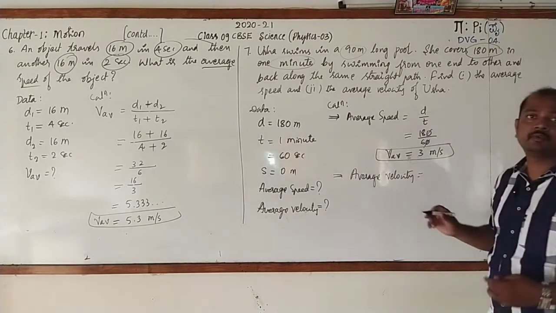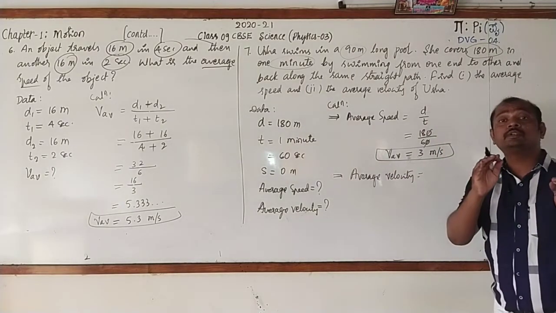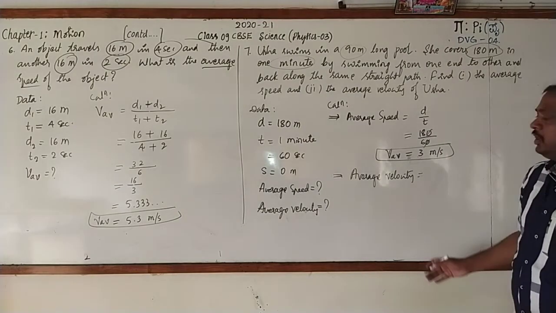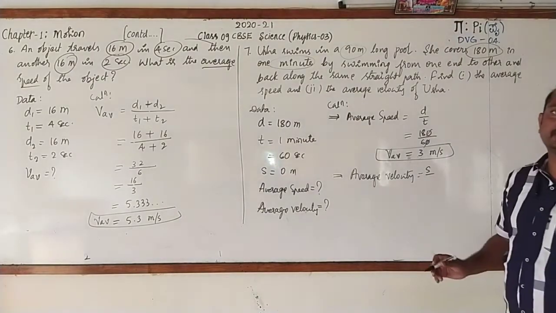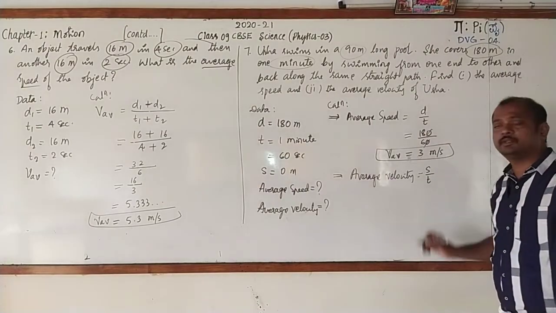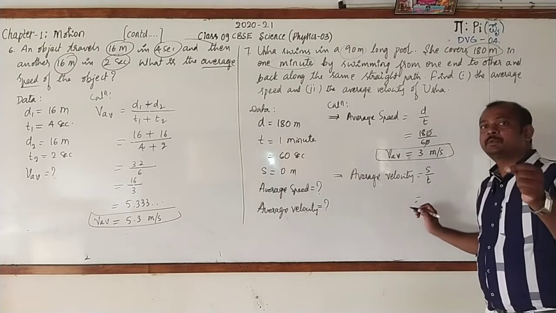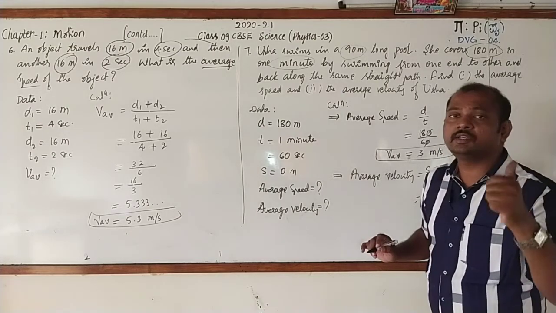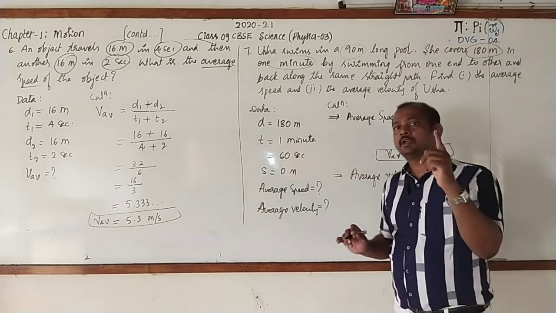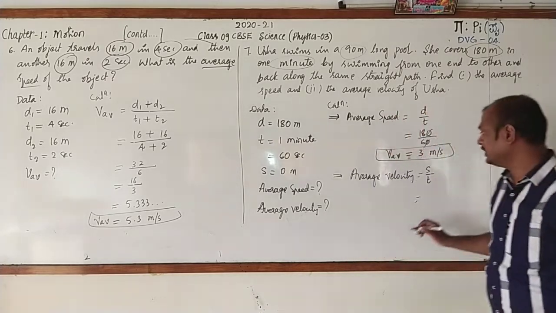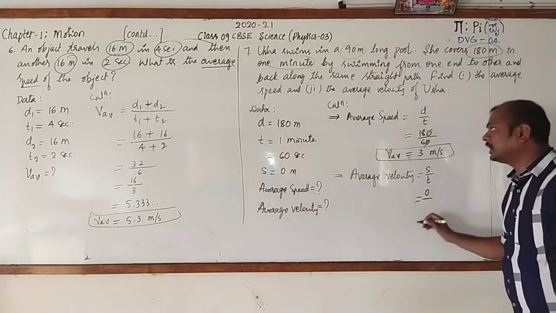Next, you are also going to find out average velocity. How do you find average velocity? It is the total displacement of a body by total time taken. Total displacement is denoted by the symbol S and time taken by the symbol T. What is the displacement? The displacement is 0. Once you recall why it is 0: when the initial position and final position of a body are the same, then displacement will be 0. 0 by, what is the time taken?